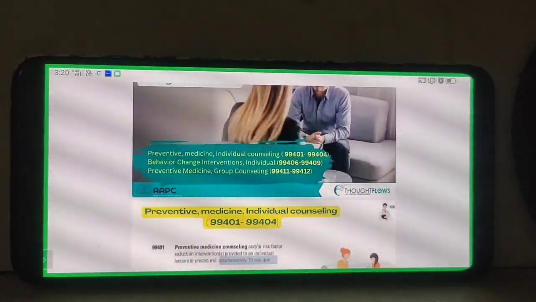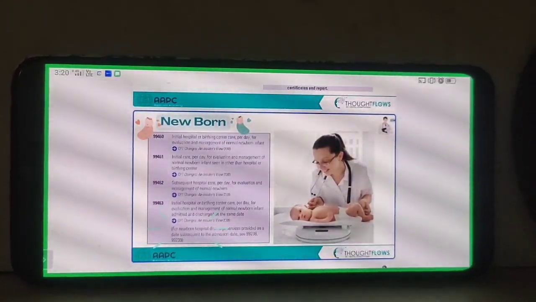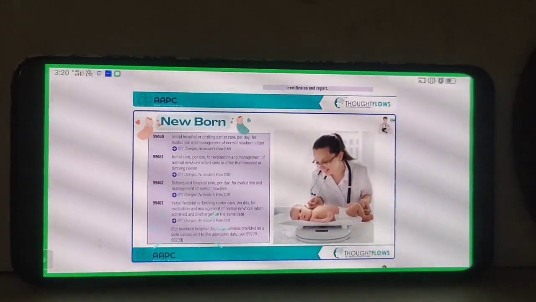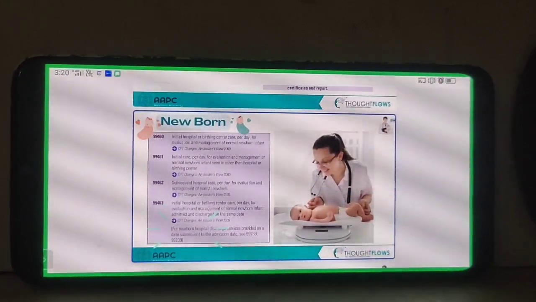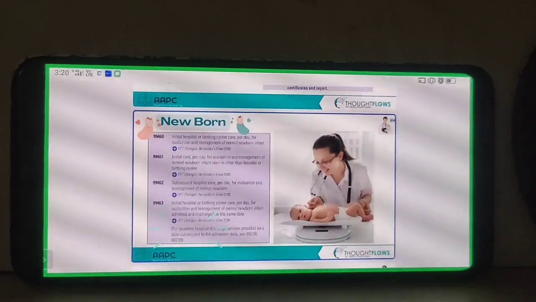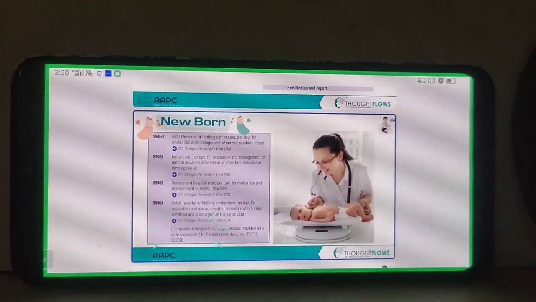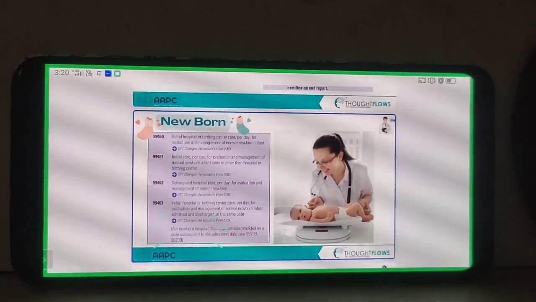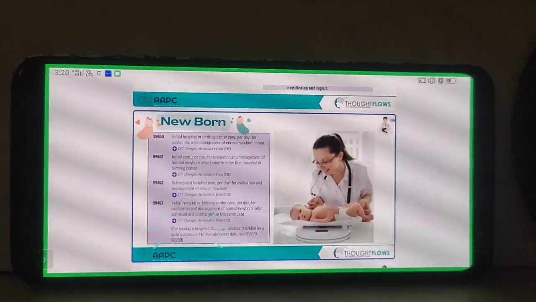So if a newborn is admitted into the hospital, we have to apply these three codes. Suppose a newborn is admitted in a place other than a hospital or birthing center, go for 99461. And if a newborn is admitted and discharged on the same day, go for 99463.